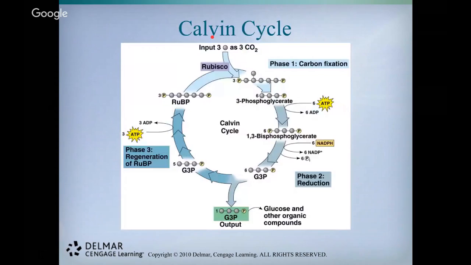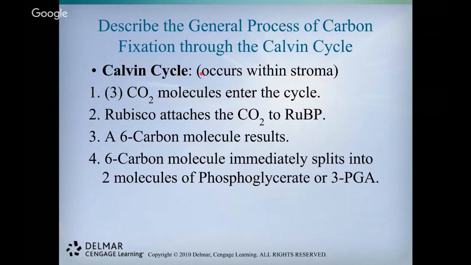This is the Calvin cycle here. I'm going to go back to that last slide in a second. But here's the Calvin cycle. So what actually occurs? This first part here is the general process of the carbon fixation. The Calvin cycle occurs within the stroma. We have 3 molecules of carbon dioxide coming in.